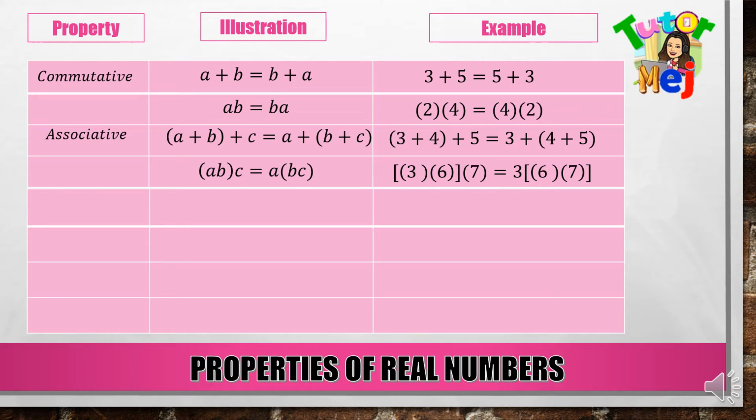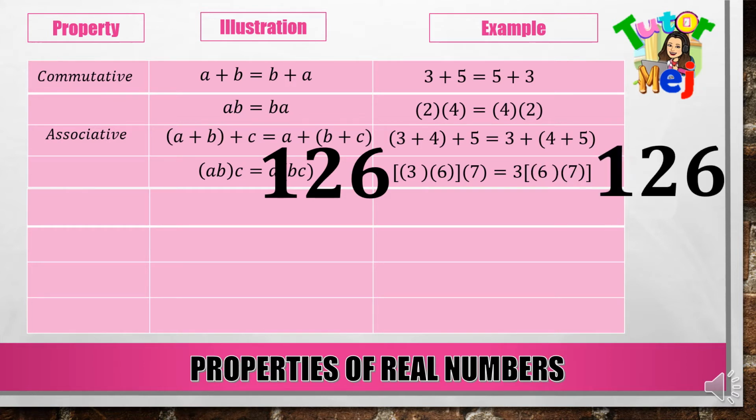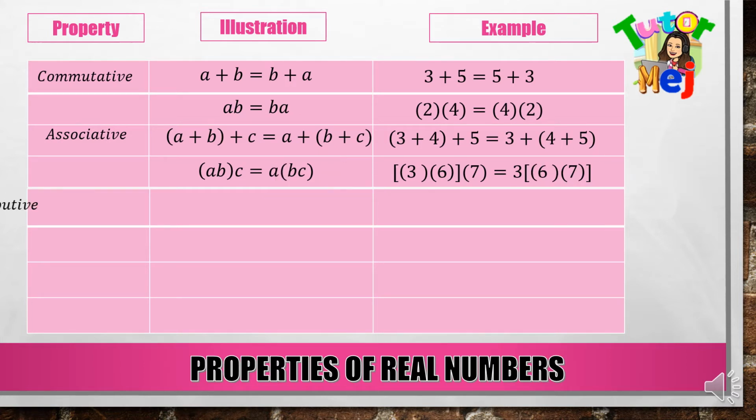Okay, so dito, unahin muna natin yung nasa pinakaloob, which is 3 times 6. What is 3 times 6? 18 times 7. That is 126. Sa kabila, 6 times 7 is 42. 3 times 42 is 126.